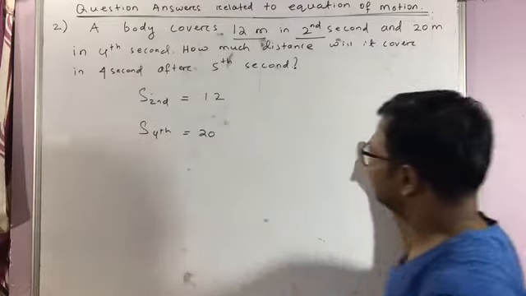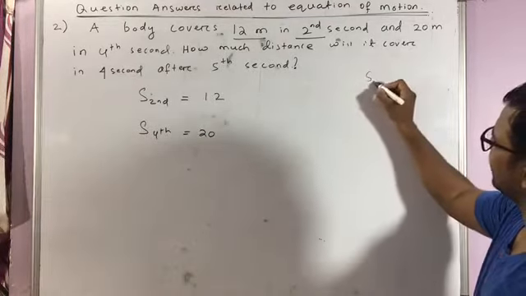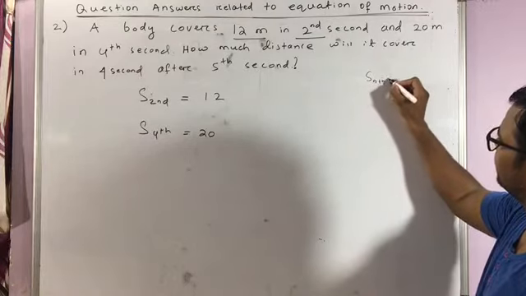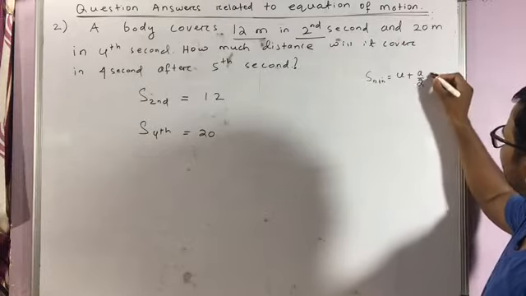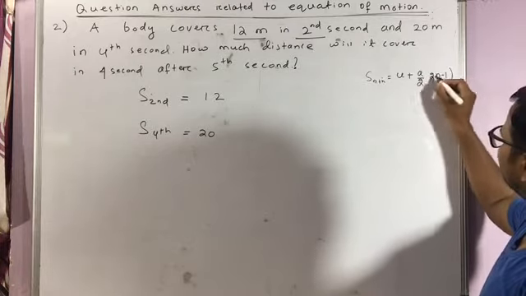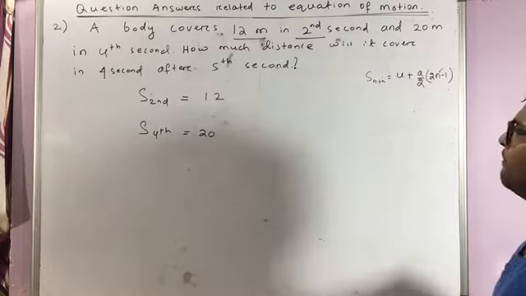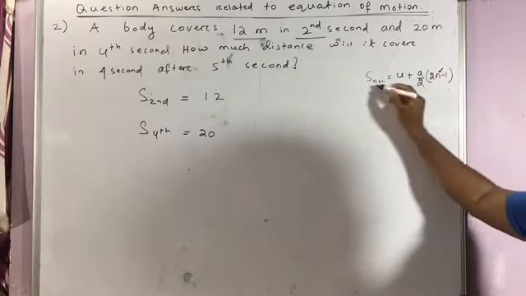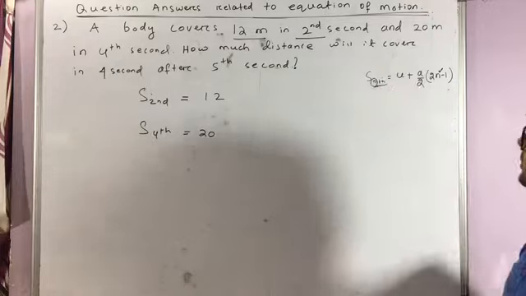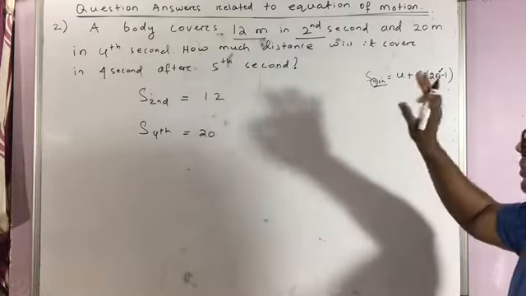In general, the formula is S nth is equal to u plus a by 2 into 2n minus 1. Here n stands for the time. Got it? Try to understand the question.